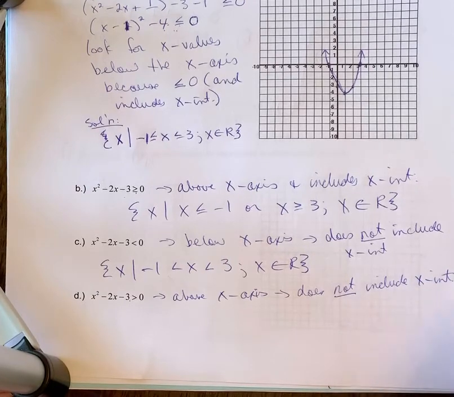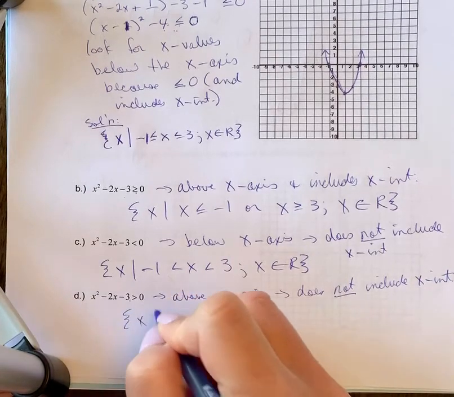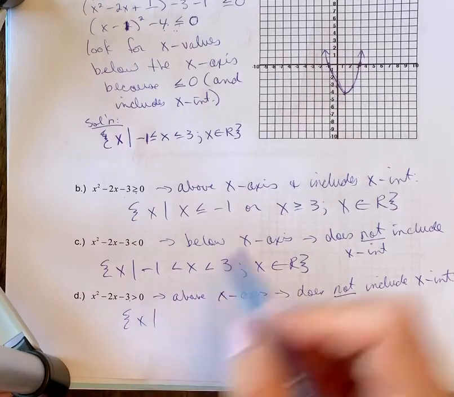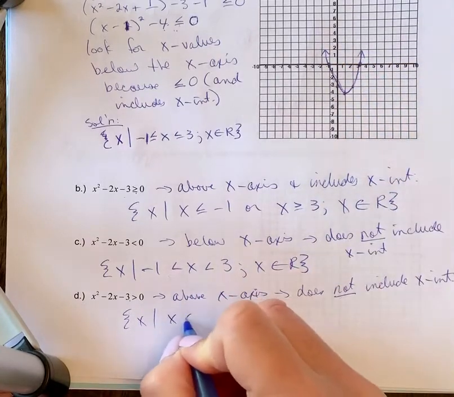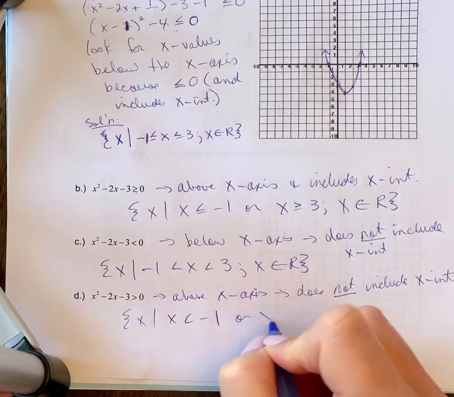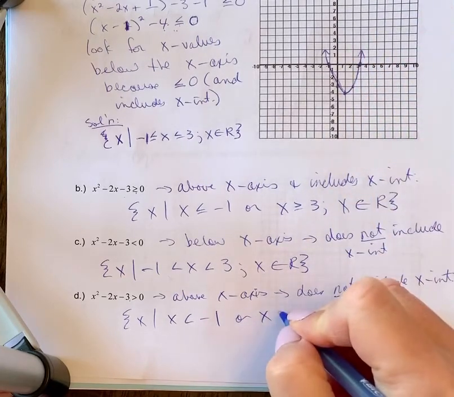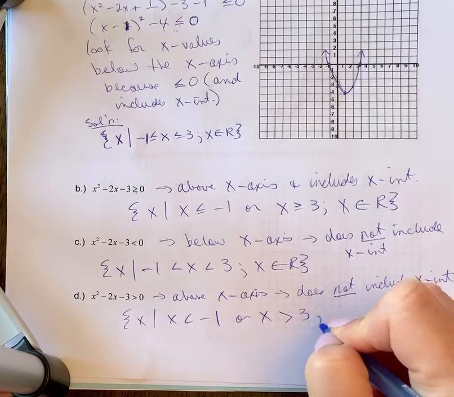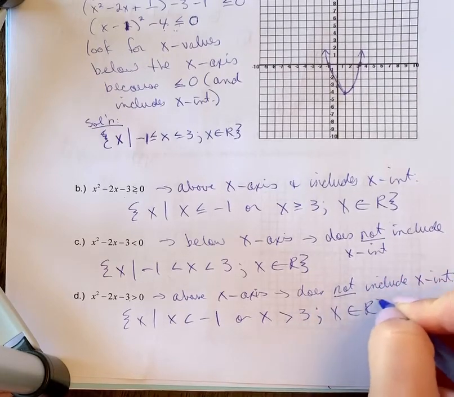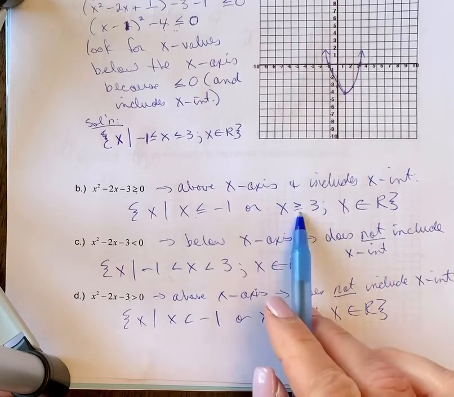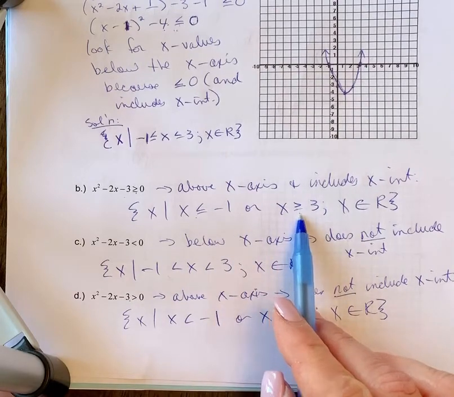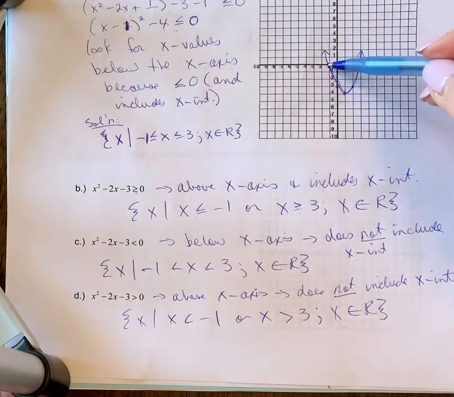So my answer is going to be x such that, and again, above would be the left-hand side here, or the right-hand side, so greater than 3. So it's the same answer as B, except that it does not have the equal to signs because it does not actually include the 2 x-intercepts.